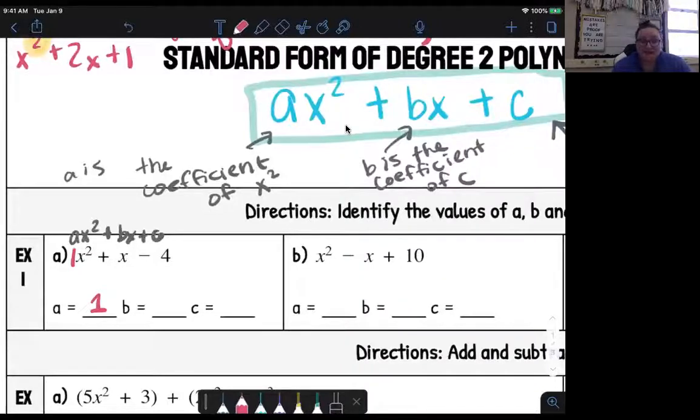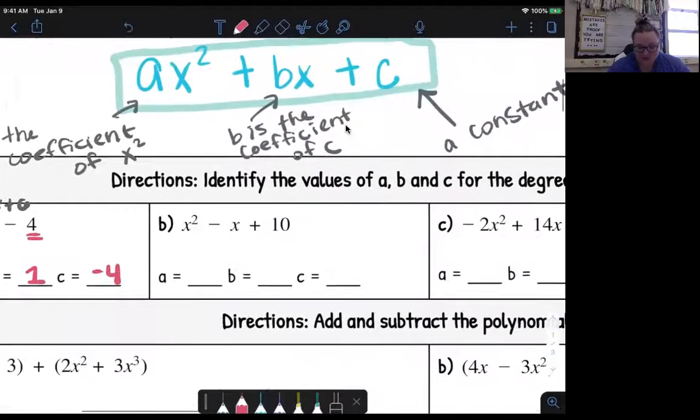Then we have plus x. B is the coefficient of x. What's technically the number out in front of this x? A positive 1. And then c is our constant. Negative 4 doesn't have a variable attached to it, so it's a constant. It doesn't change. Our c value here is negative 4.